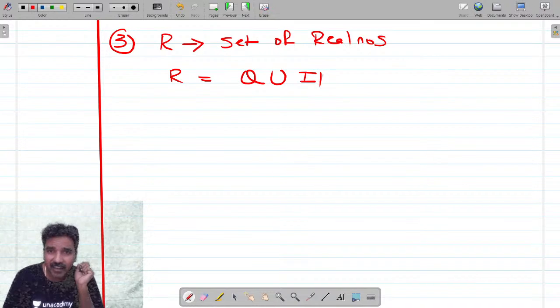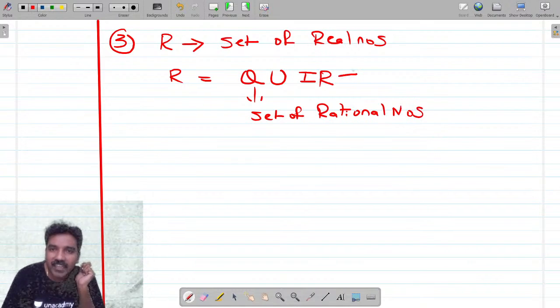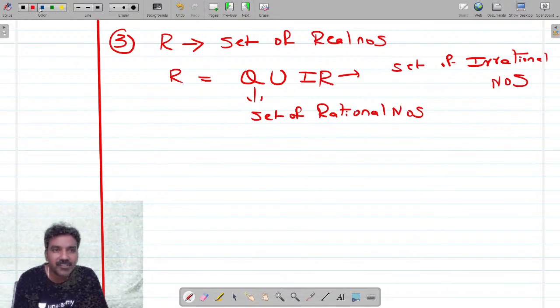If you have any confusion, I can write IR. So here Q is nothing but the set of rational numbers, and IR is the set of irrational numbers.